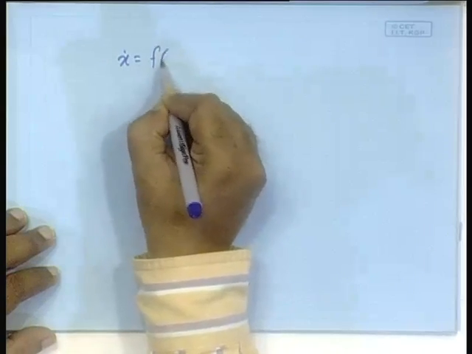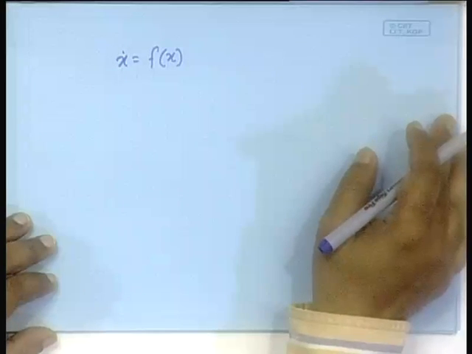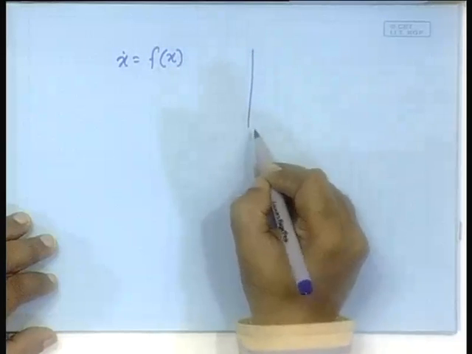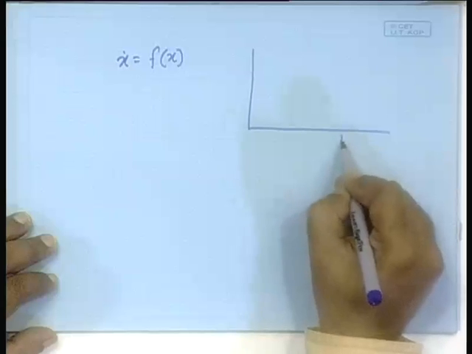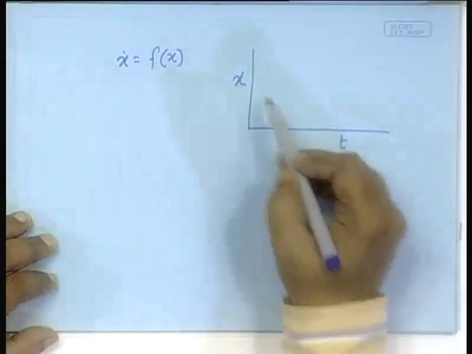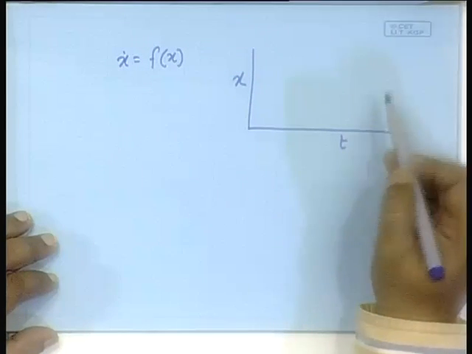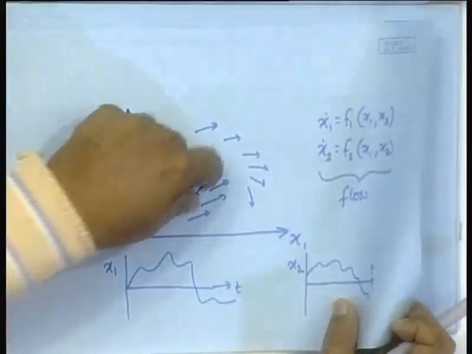So, let us start by considering a one dimensional differential equation. That will be easier to start with, and then we can continue to higher dimensions. So, we are considering, say, x dot is equal to some function of x, one dimensional, that is simple. And what we are trying to do is to plot against time the value of x, which would actually be a continuous line, but we will not be able to obtain a continuous line because we are taking finite steps.